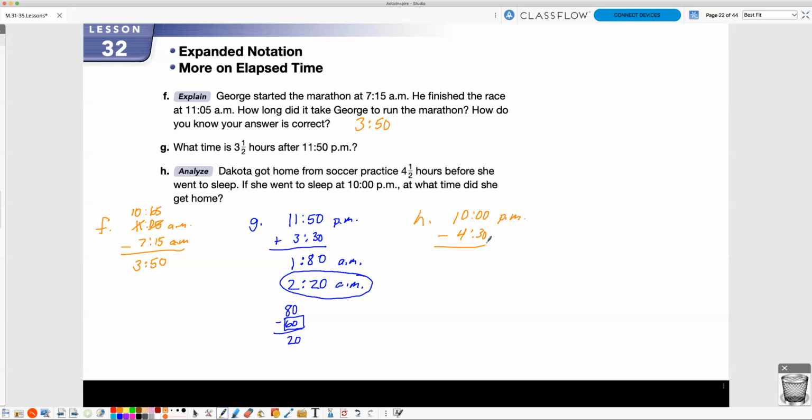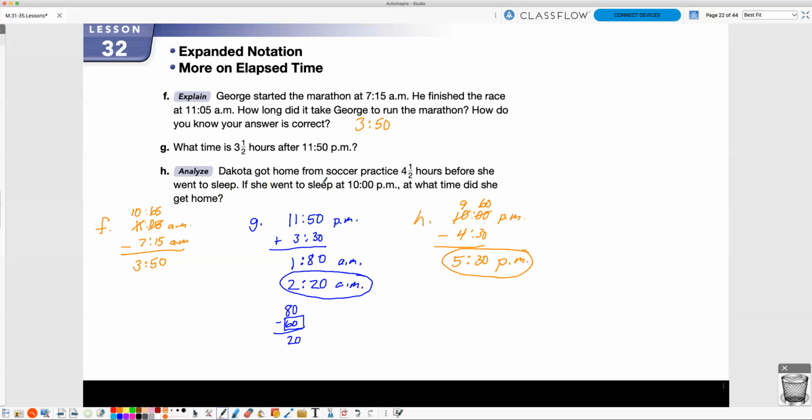I need to borrow from here. This is going to be 9 hours. This is going to be 60 here. 60 minus 30 would make 30. 9 minus 4 would be 5. So that'd be 5:30 p.m. would have been the time that she got home.